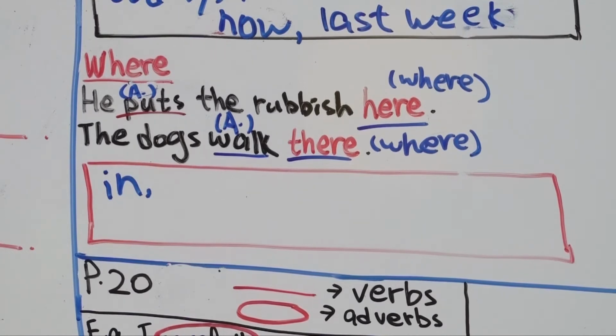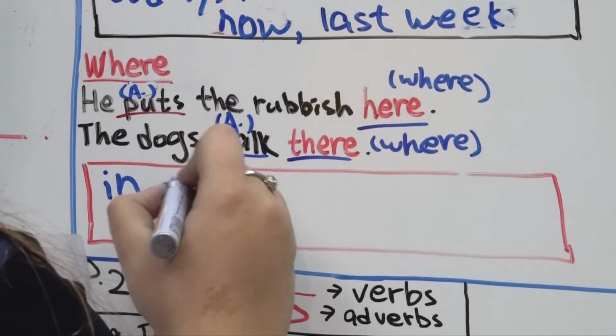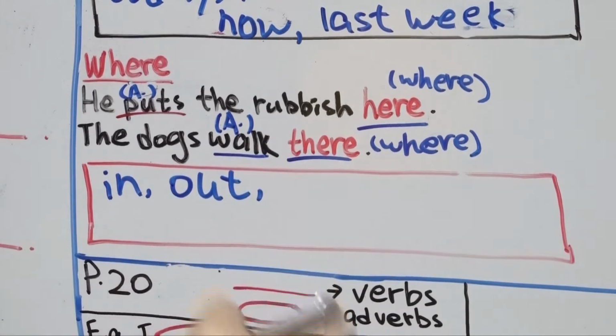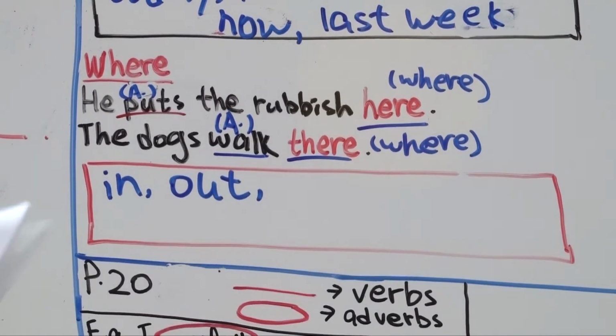What is the opposite of in? I'm going in. What is the opposite? I'm going out. Out is also an adverb because it tells you where this action happens, right? What else?